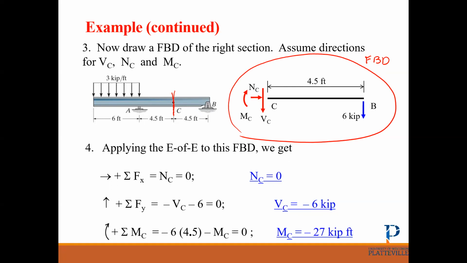So I'm going to find VC, MC, and NC. I just need to apply all these 3 equilibrium equations. It's a very simple beam that can be solved very easily.